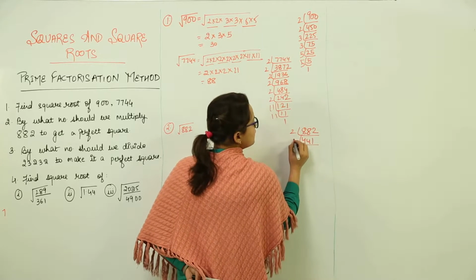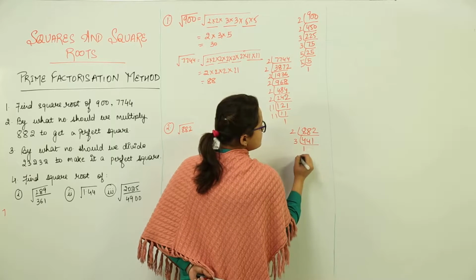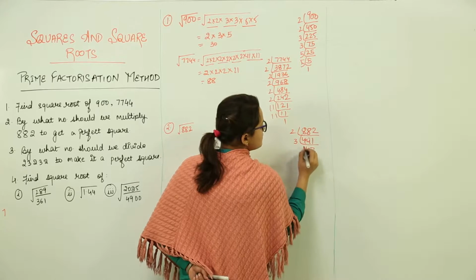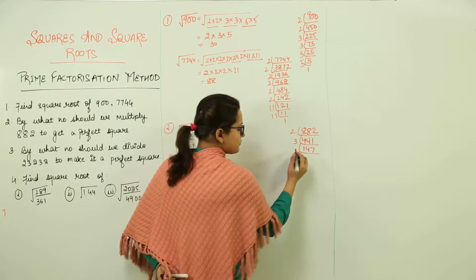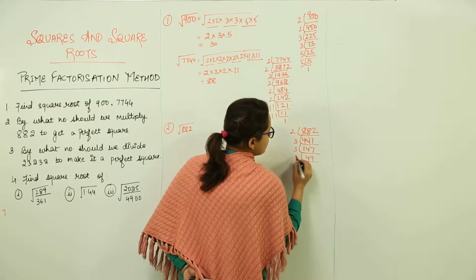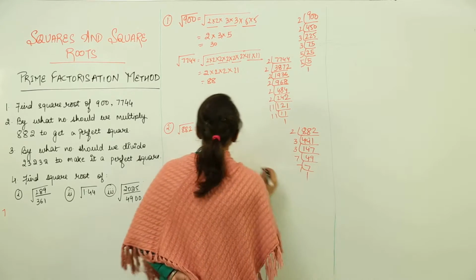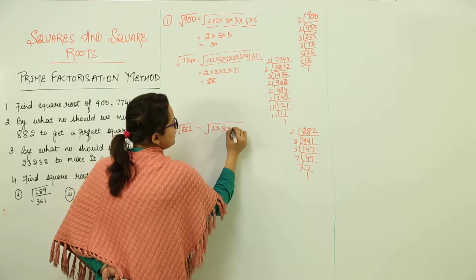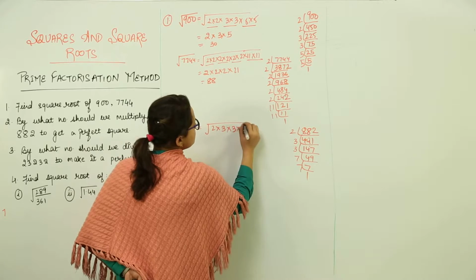This can go with 3. Let us check. 3 1s are 3, 3 4s are 12, 3 7s are 21. Again with 3, 3 9s are 27, 7 7s are 49. So the factors that we get for 882 would be 2 into 3 into 3 into 7 into 7.